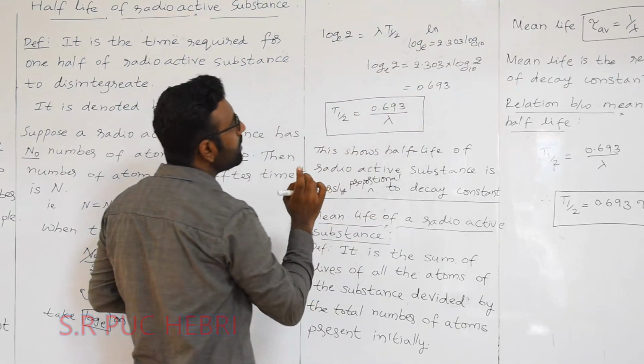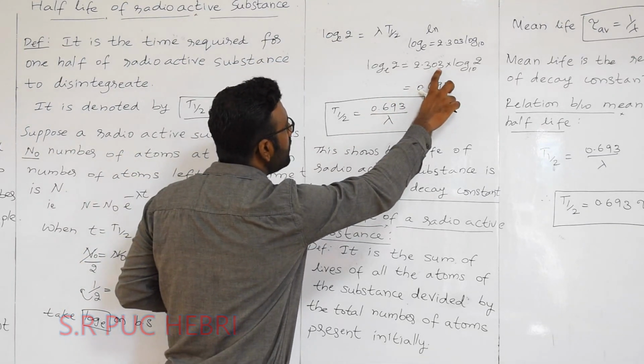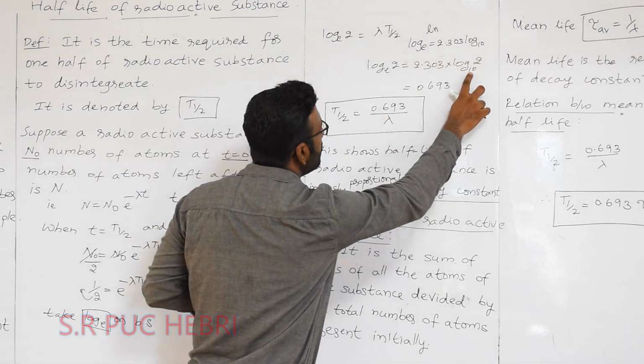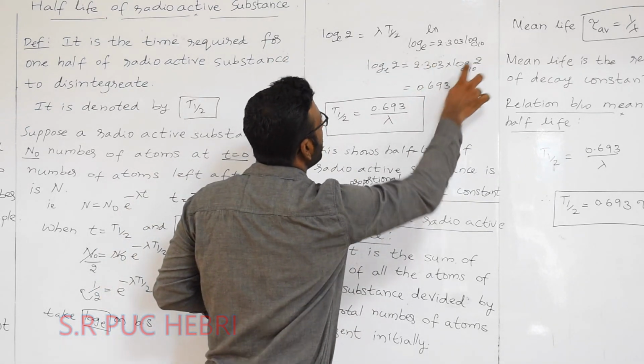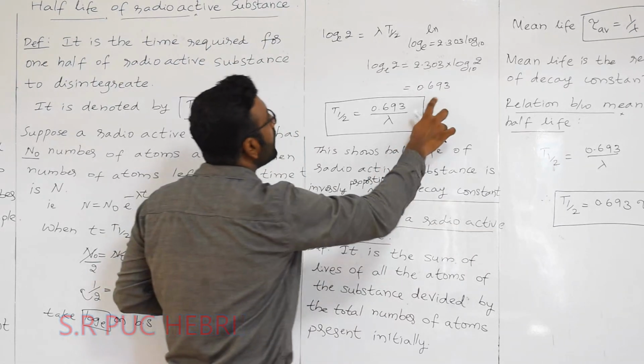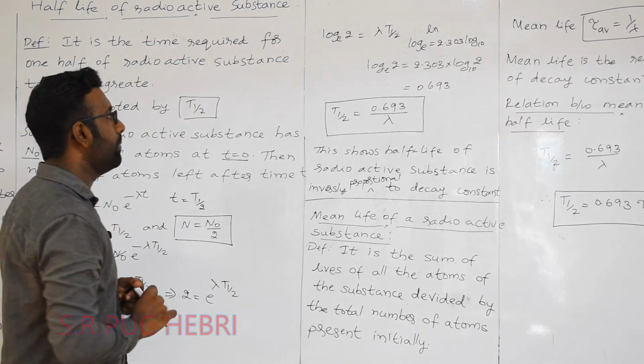So log to the base e of 2 is nothing but 2.303 into log to the base 10 of 2. So this value will be multiplied by log 2. We are going to get 0.693. If you want, you can check with your log table.